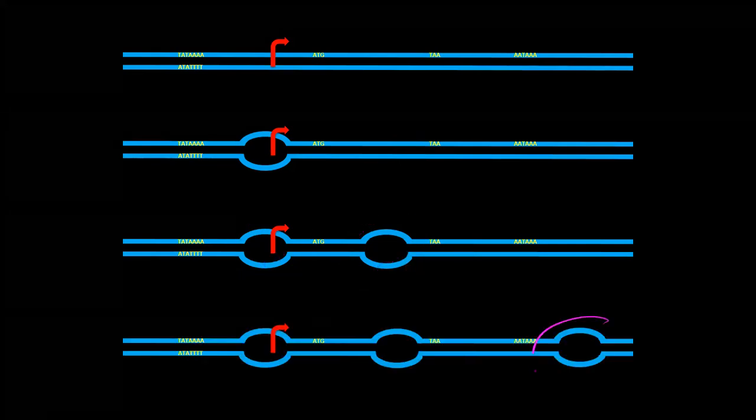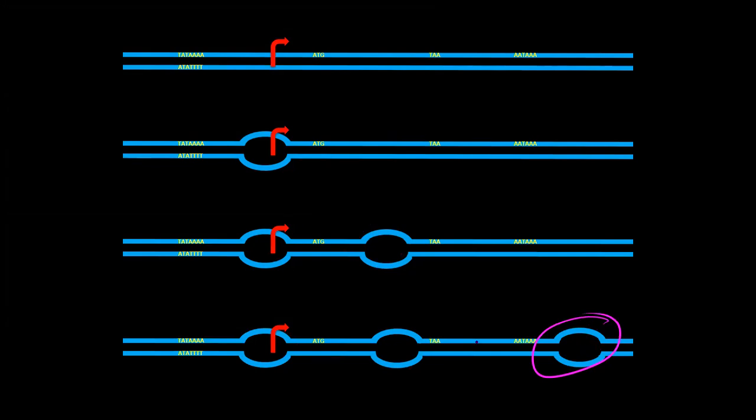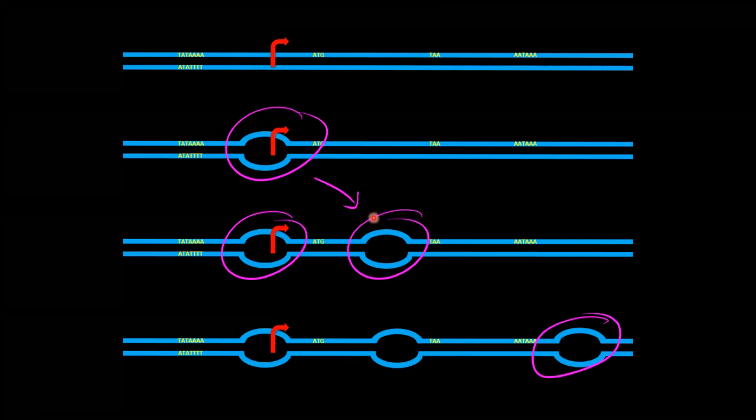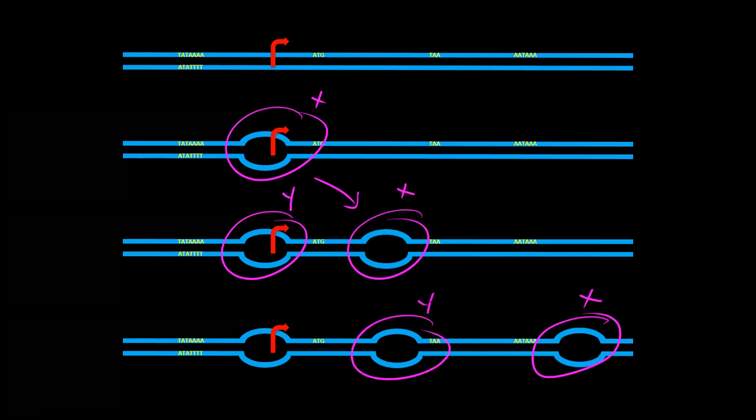So the first polymerase, the same polymerase that bound first to the gene, let's call polymerase X. This is polymerase Y, and now Y is here, and now a third polymerase binds.